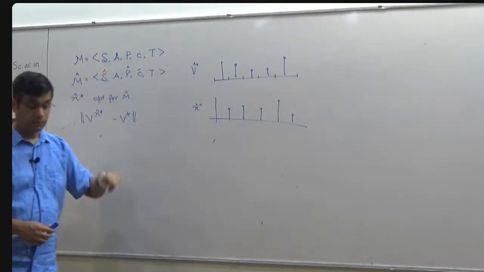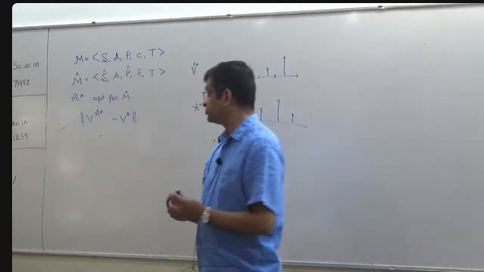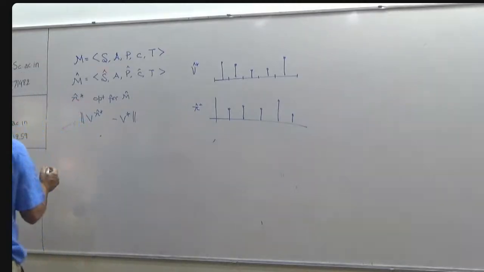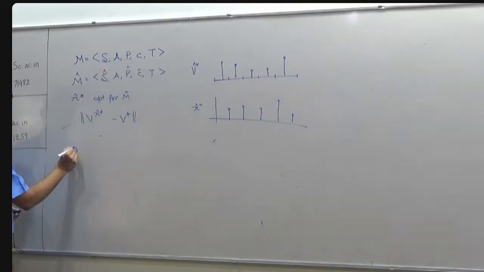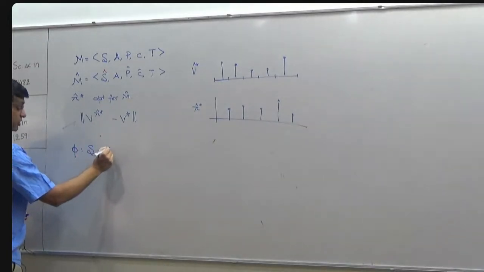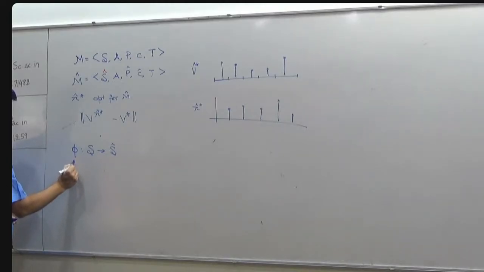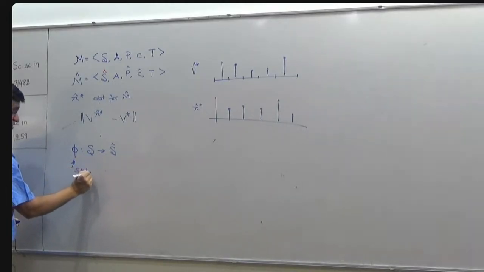I am going to focus on just one of them: I am given a function phi, which maps from S to S hat, and I will call that the state abstraction function.